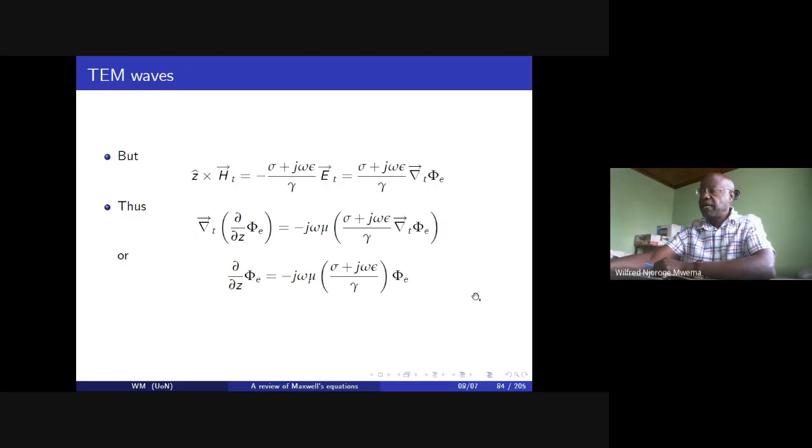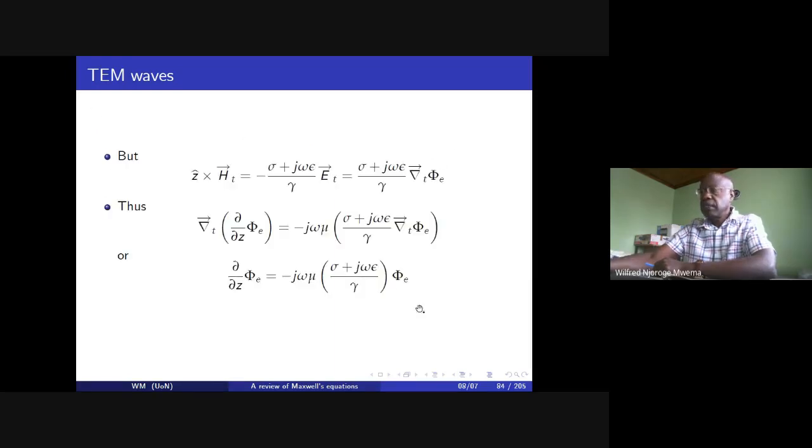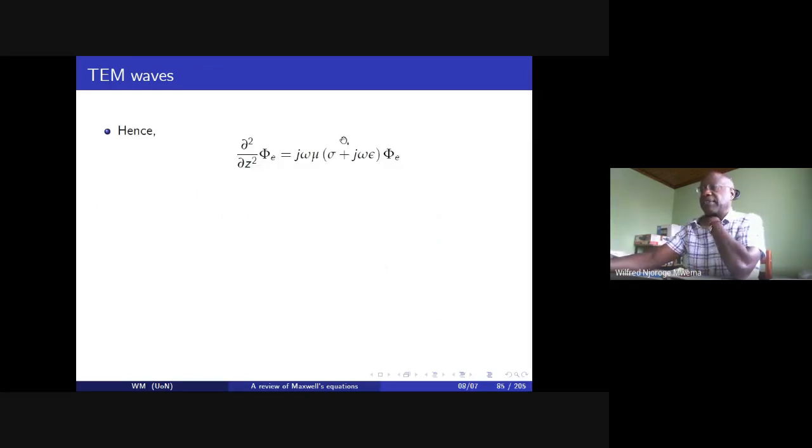That looks familiar, if you recall from your transmission lines. If we multiply through by minus gamma on both sides, we get the following equation: d squared/dz squared of phi_E is equal to j omega mu (sigma plus j omega epsilon) multiplied by phi_E.